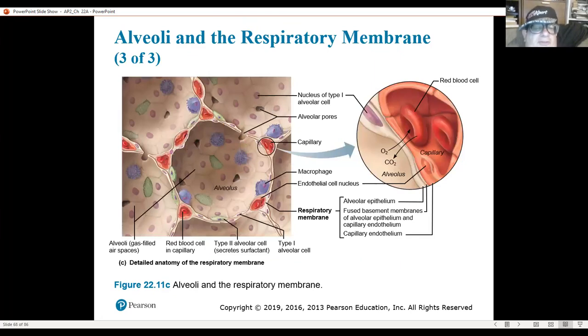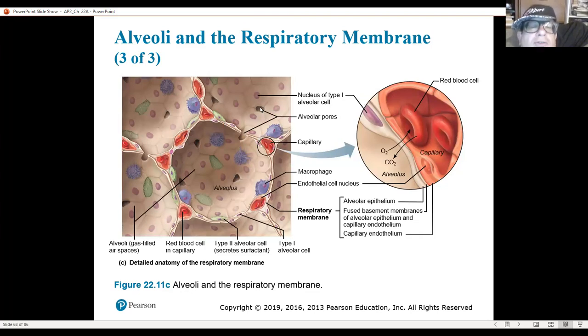Okay, here's a nice drawing. I like this one a lot. It shows the different types of cells in an alveolus. You can see the squamous epithelial cells, how flat they are, how they just surround the capillary, and you have the red blood cells going through there single file. So the type 1 cells, the squamous cells, are there.